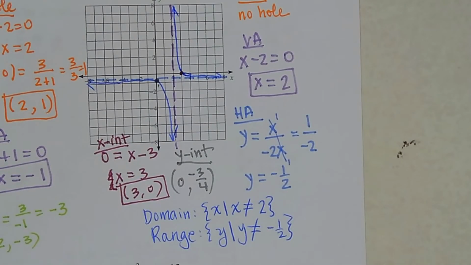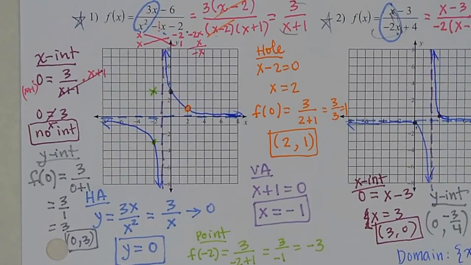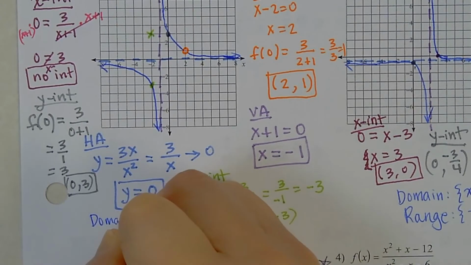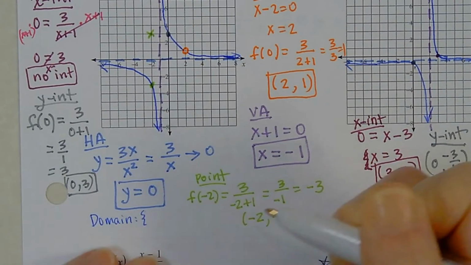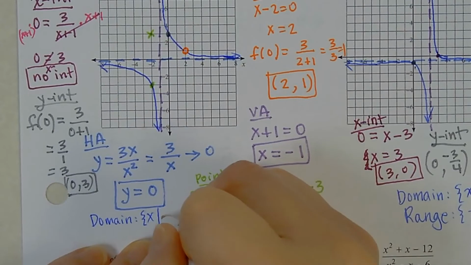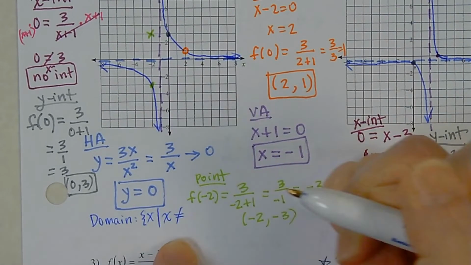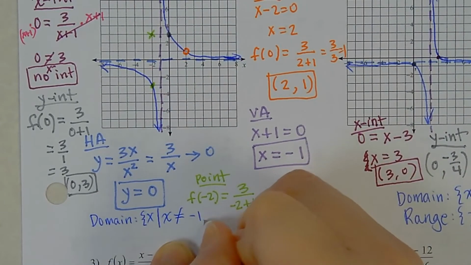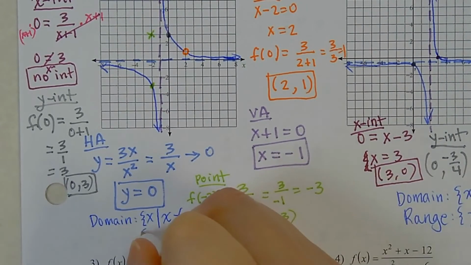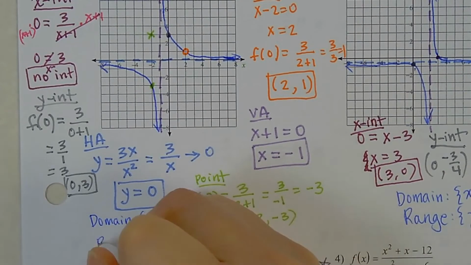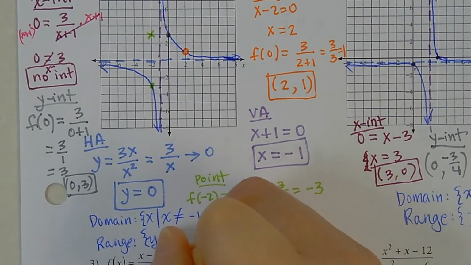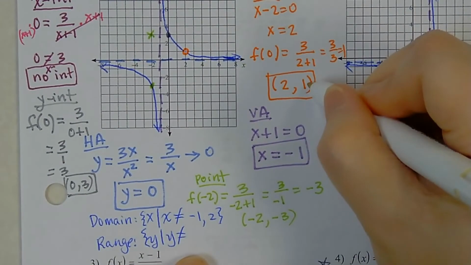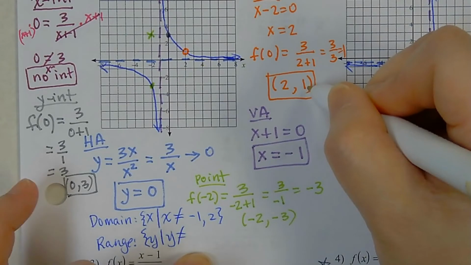All right. If we're doing that over here for number 1, our domain is for all x such that x does not equal 2 and negative 1. So negative 1, 2, I like to write them in numerical order. For the range, it's for all y such that y does not equal the 1 and the 0.